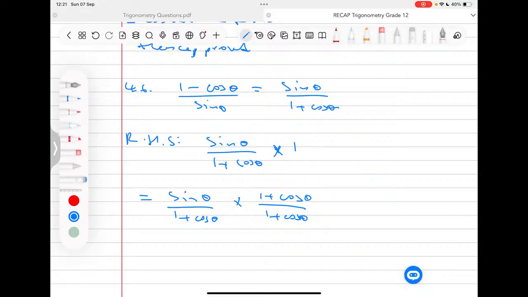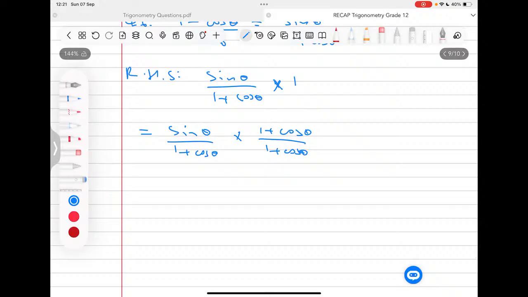Now, at this stage, we can multiply our terms that we have created, this multiplied by that, and that multiplied by that. So here I'm going to have a sine of theta, and then plus sine theta cos theta, right?